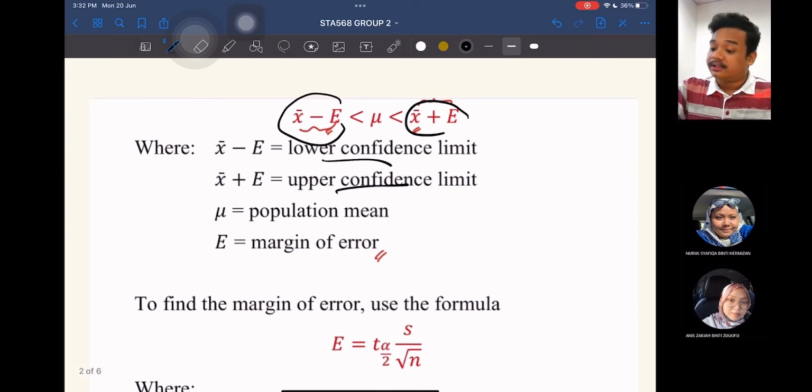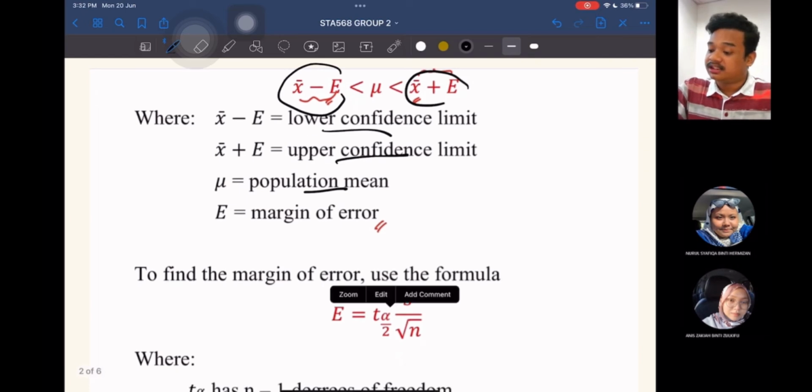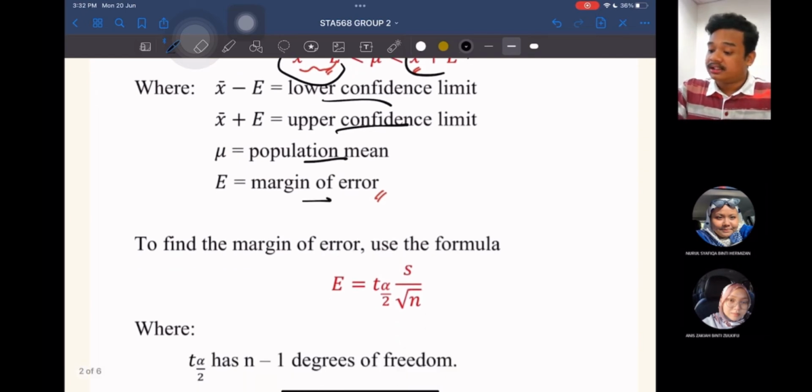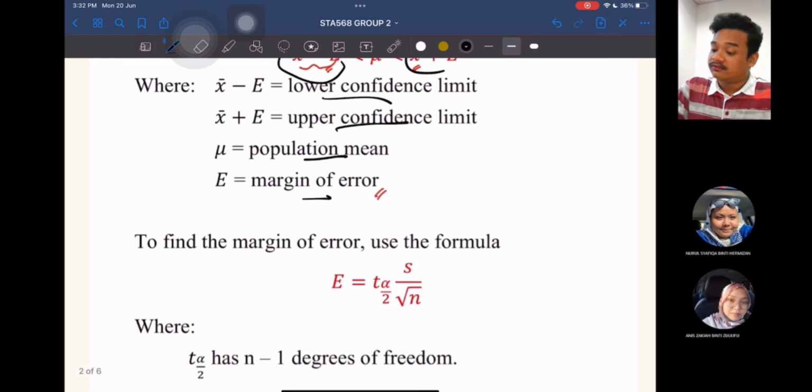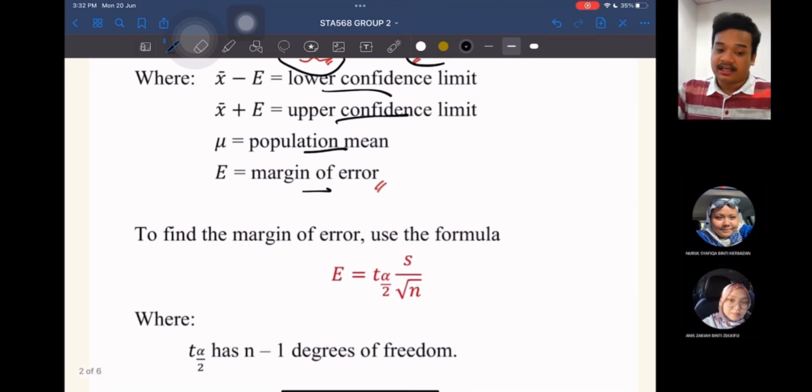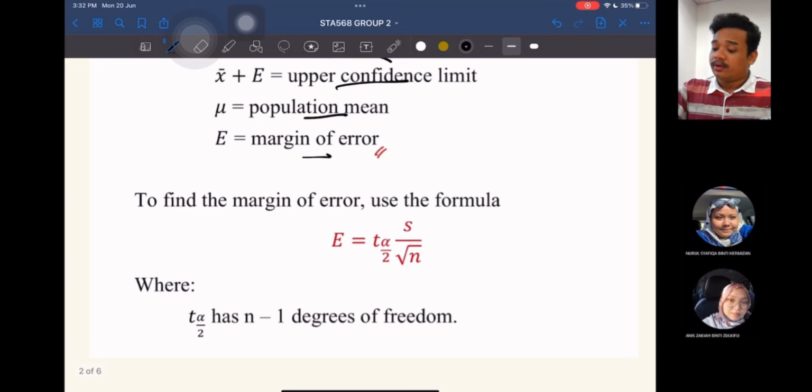So the mu, of course, is the population mean, and the E is the margin of error, where for the margin of error we use the formula: the critical value multiplied by the standard error, where the critical value must have degrees of freedom, which is n minus 1.